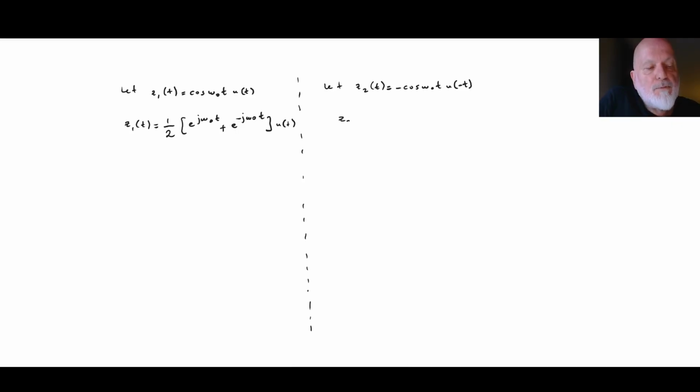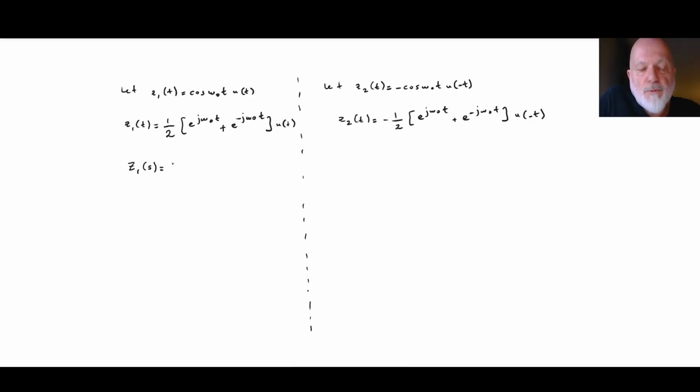And similarly, z2 of t here will be minus 1/2 times e to j omega 0 t plus e to minus j omega 0 t, times u of minus t. Okay, we can write down the result immediately because we remember the Laplace transform of the complex exponential signal.